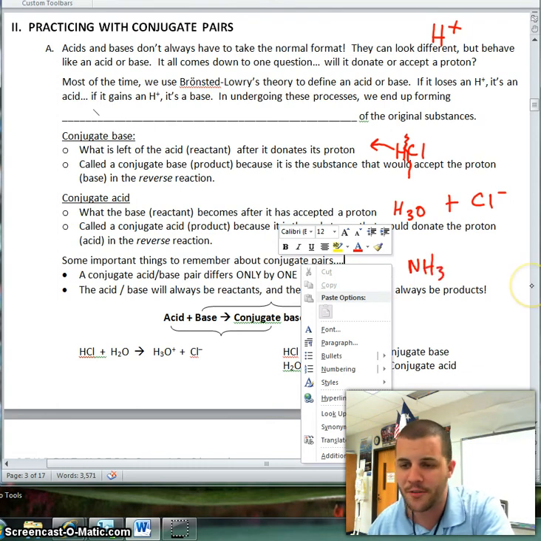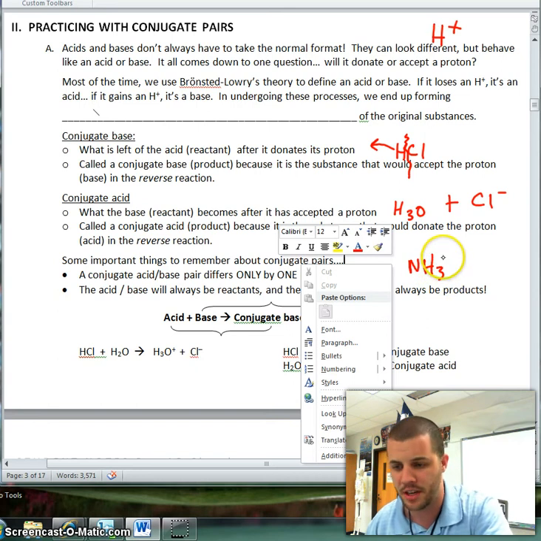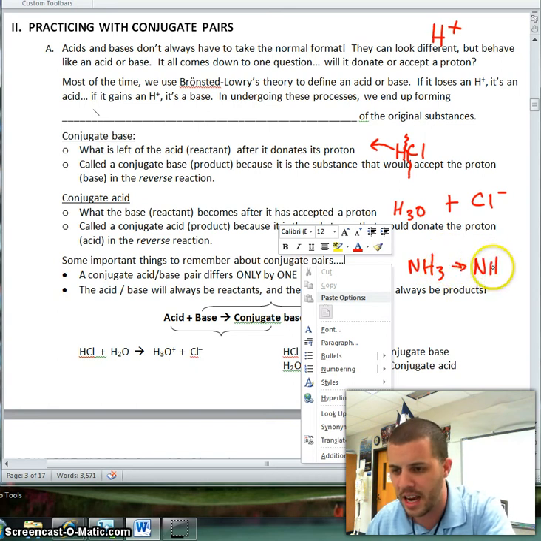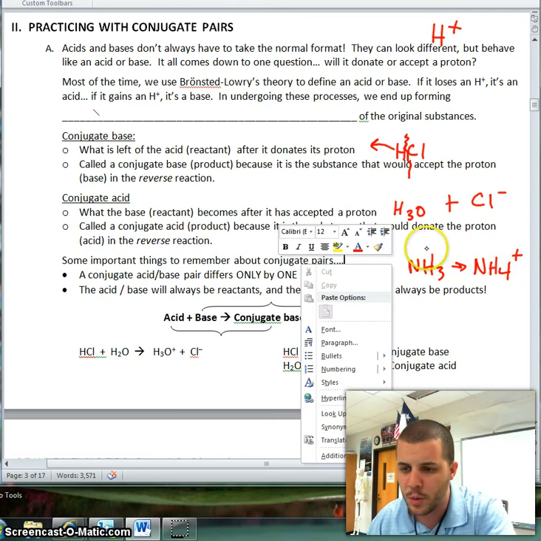After this accepts a proton, it's not only going to gain the proton, but it's also going to gain the positive charge. And so this is going to end up being NH4 plus. And so now this was the base. Now this is my conjugate acid. So let's go ahead and keep going here.